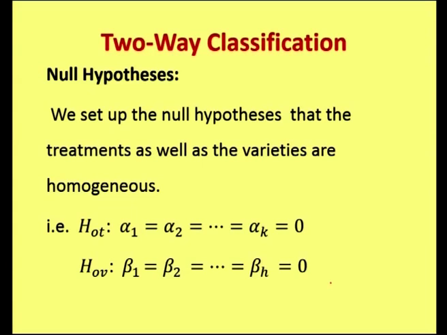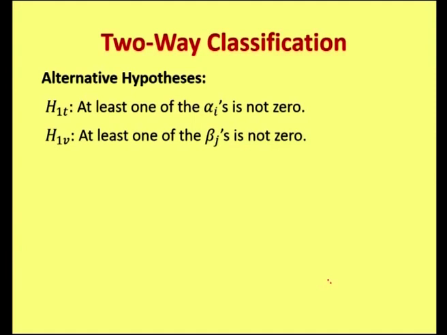In notation we have H naught T, the null hypothesis for treatments, as alpha 1 equals alpha 2 equals and so on, alpha k equals 0, and for varieties it is H naught V, beta 1 equals beta 2 equals beta h equals 0. And the alternative hypotheses, denoted by H1 T and H1 V, are that at least one of the alpha i's is not 0 and at least one of the beta j's is not 0.